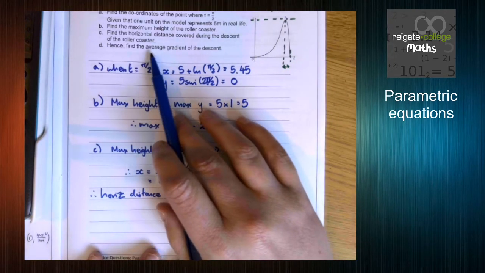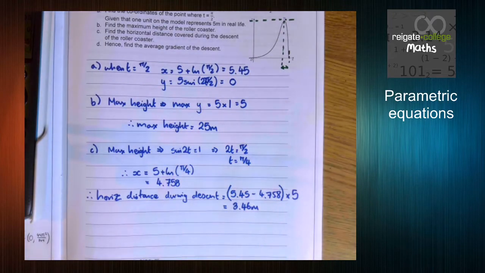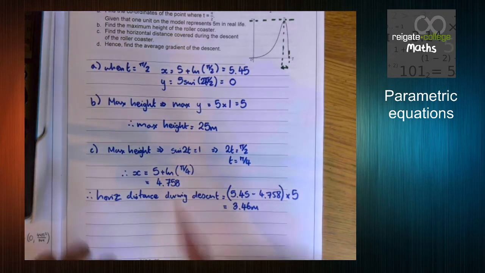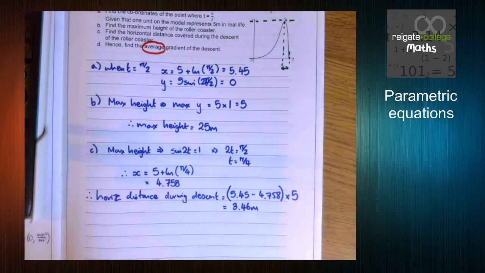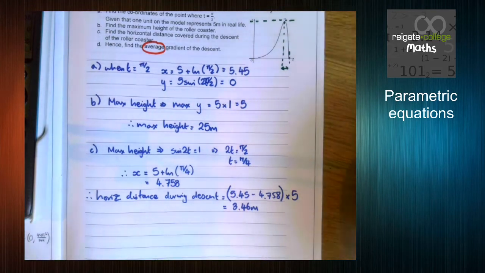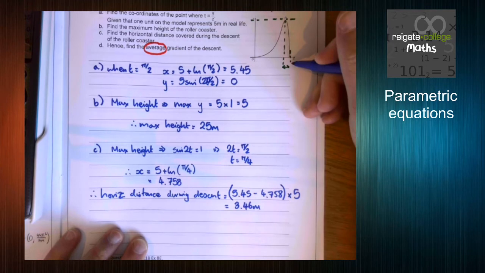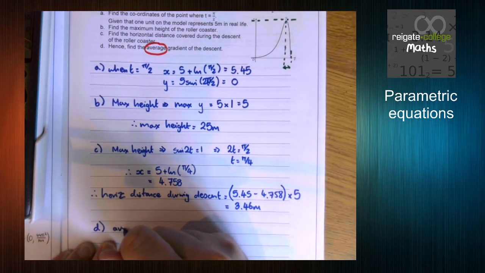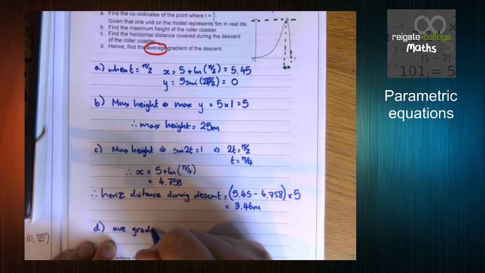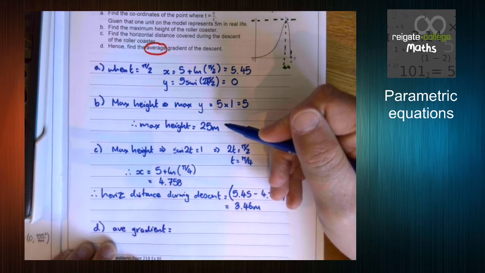So here, find the average gradient. Now, again, I know gradient typically means dy by dx, but the really important bit is this, average gradient. Which means we're approximating this curve as a straight line. So the average gradient is just going to be change in y.